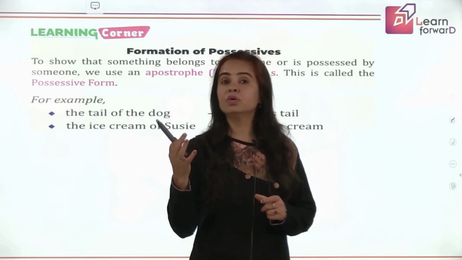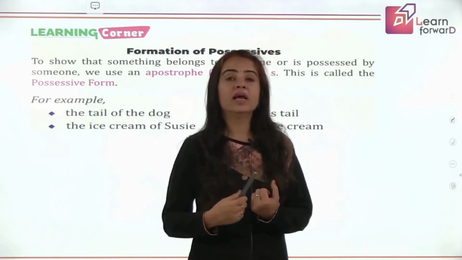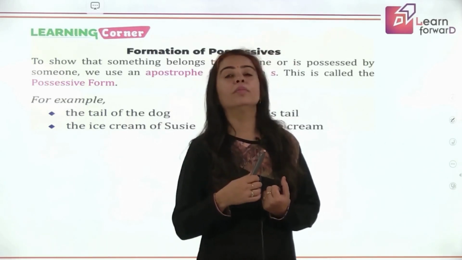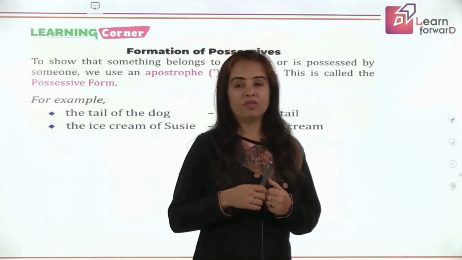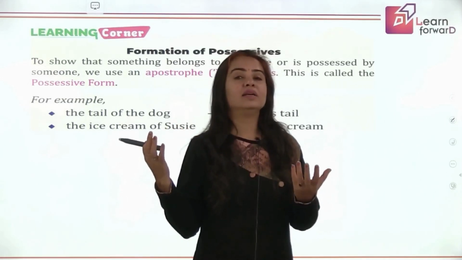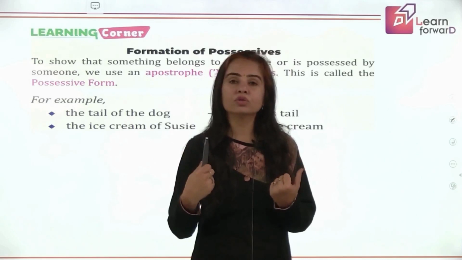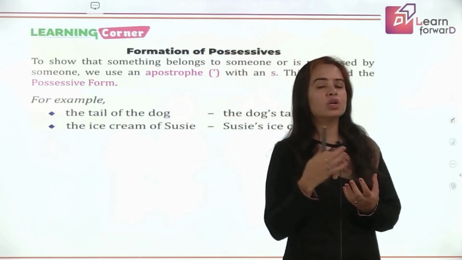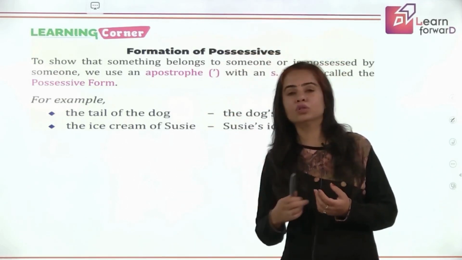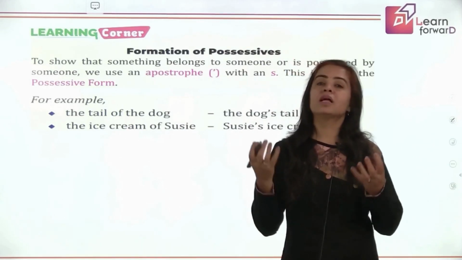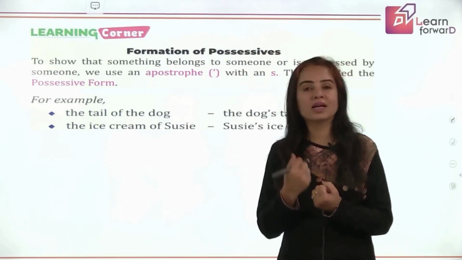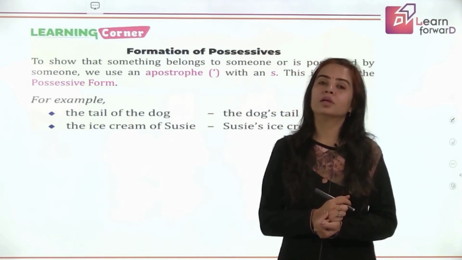These books are in my custody, they are in my hold, but they do not belong to me. And if I say I have a big car, yes, that car belongs to me. So possession does not always mean that it belongs to the person. It means that the person is in hold, is in custody of that particular thing.